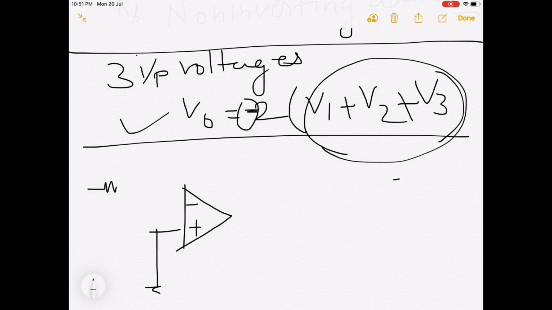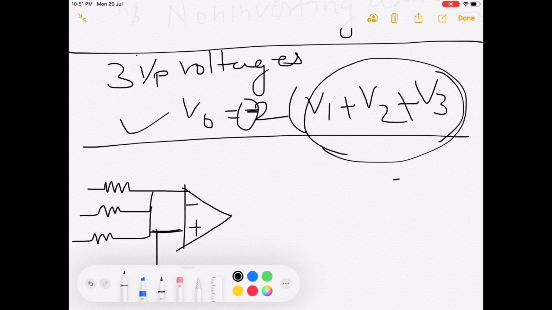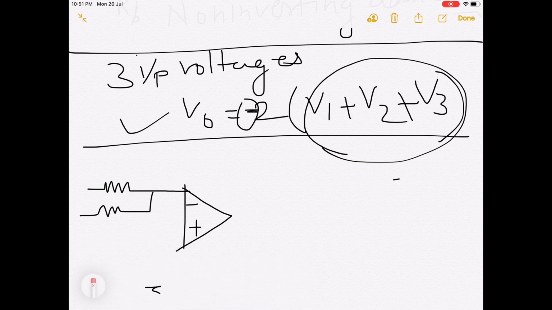So 3 resistors and 3 inputs you have to draw here, like this, okay. This should not be shorted, that's why this is ground, okay. This is V1, V2, V3, these are the 3 inputs.